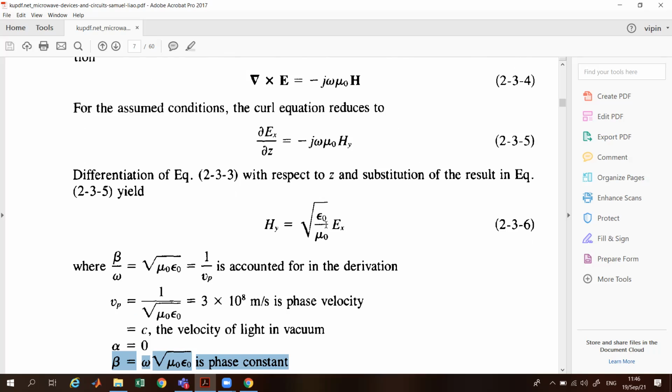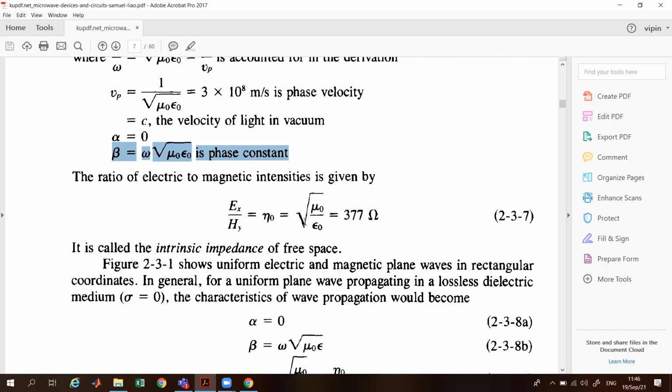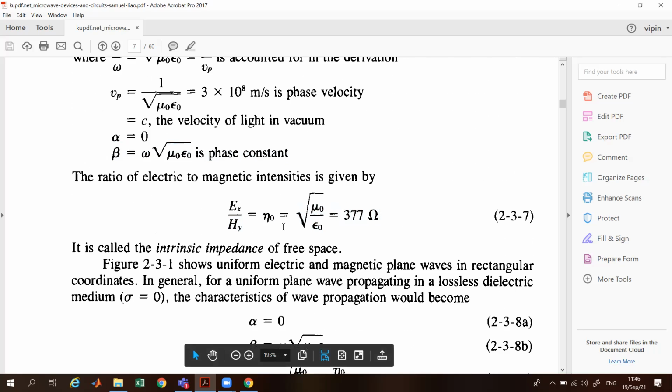Ex divided by Hy will be equal to the square root of mu naught divided by epsilon naught, which equals 377 ohm. Then you will find the unit from the units of these two, and it will be ohm, and we can say that this is the intrinsic impedance of free space.